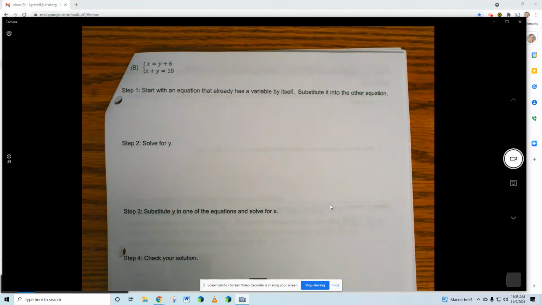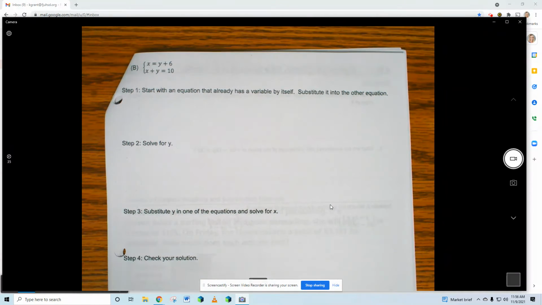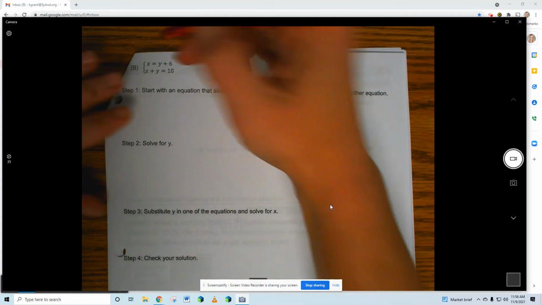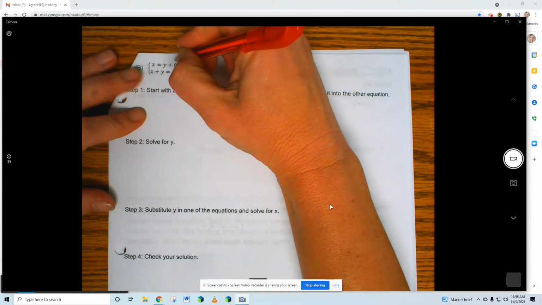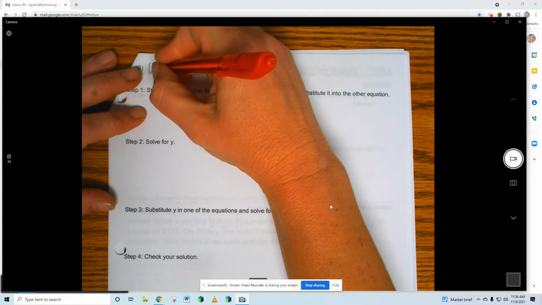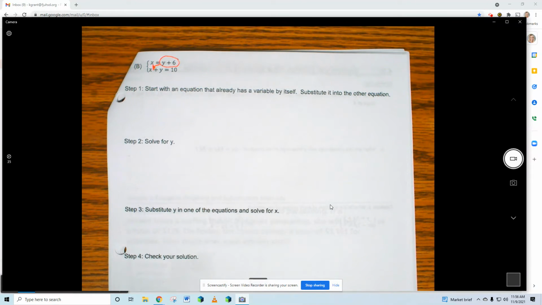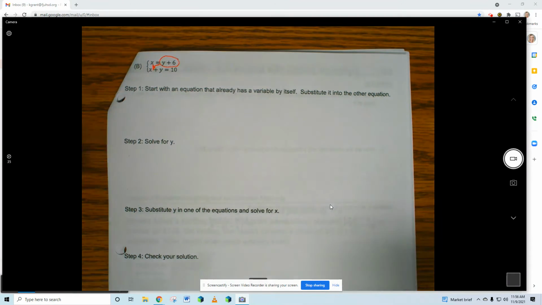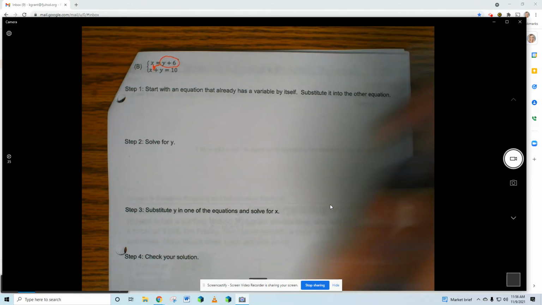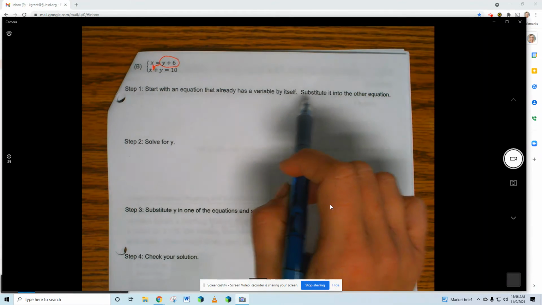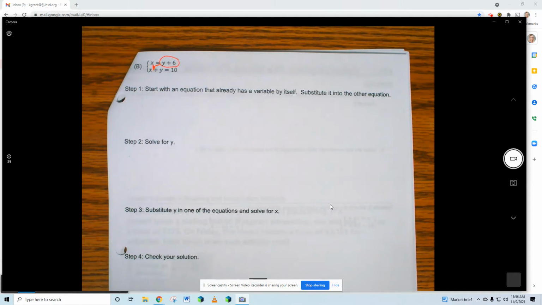X equals y plus 6. I know the value of x this time. It's y plus 6. So I'm going to put this y plus 6 right here in for x this time. Start with the equation that has the variable by itself. Remember, here's my end goal. What am I trying to do?